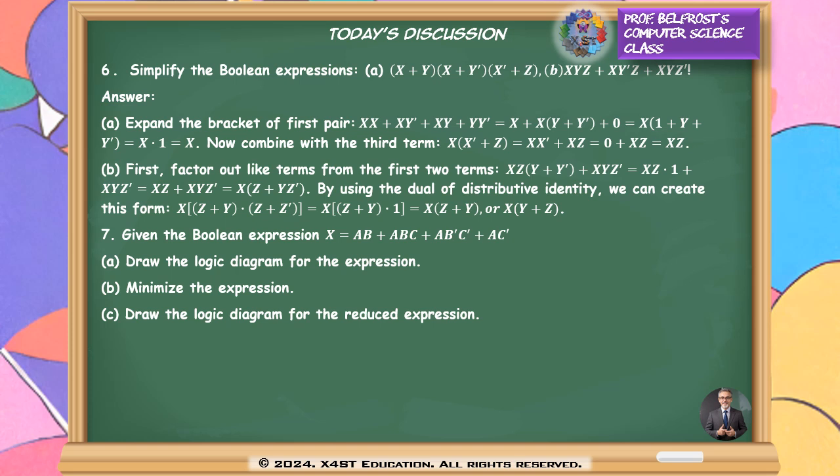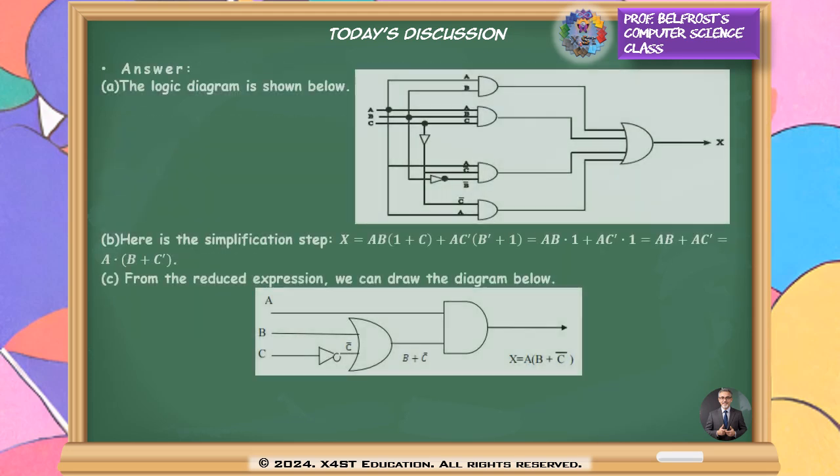Here is just an example of the solution. The logic diagram is actually straightforward. But for the simplification step, I'll show you how to do this with simple Boolean algebra, because this time we are not facing a very difficult function to be simplified.